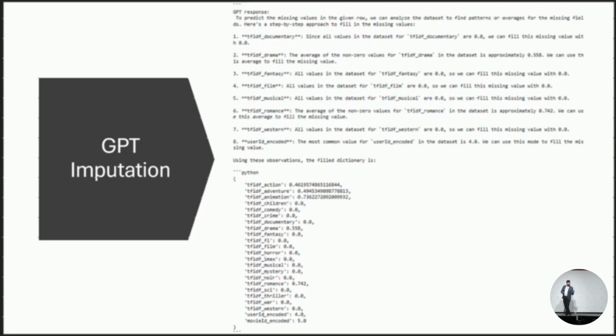So for the documentary field, all the values in the data set are zero. So I can fill this missing value with zero. That's zero imputation. For the drama variable, the average of the non-zero values is 0.558. So I'm going to use the average, mean imputation there.